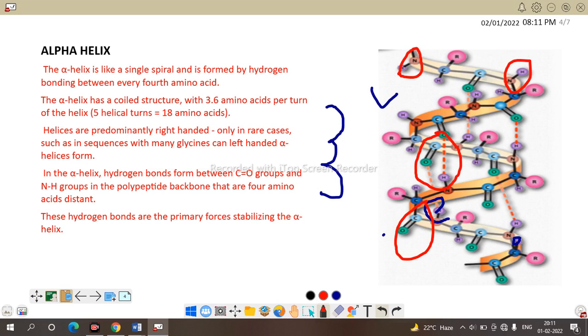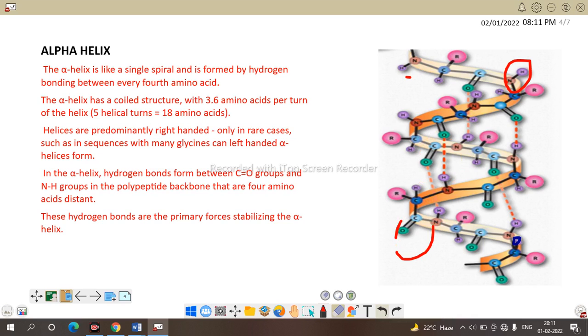So in the polypeptide backbone, these are four amino acids distant in the sequence. These hydrogen bonds are the primary forces stabilizing the alpha helix. This hydrogen bond inside the helix stabilizes the alpha helix. So here is the alpha helix.